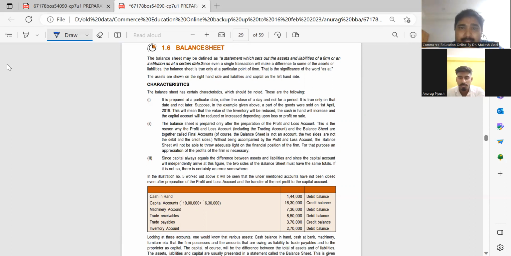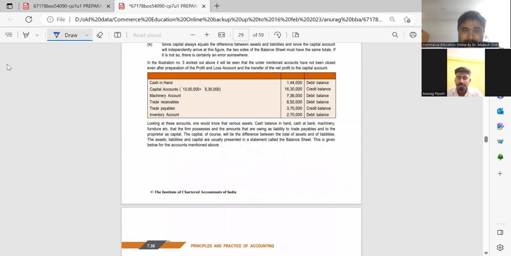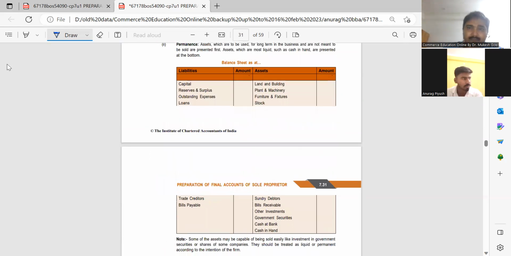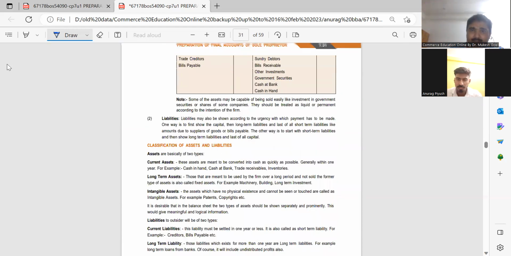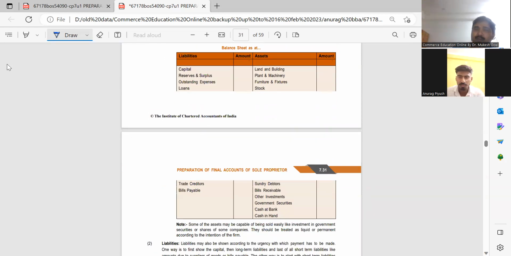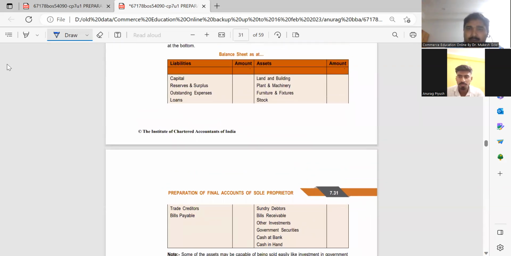It means balance sheet is our positional statement. So, in the balance sheet, there are two sides. One is the asset side and another is the liability side. Right hand side is our assets and left hand side is liability and capital.